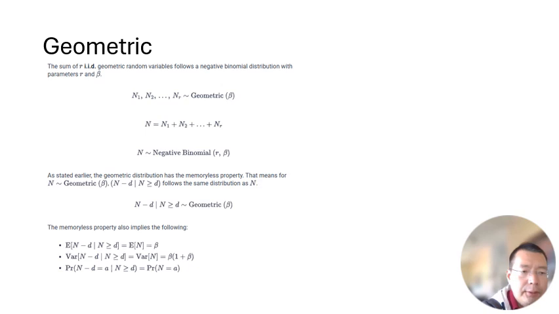The memoryless property also implies the following. The expected value of N minus d, given that N is greater than d, would be the same as the expected value of N, which is β. The variance of N minus d, given that N is greater than d, is the same as the variance of N, which is β times (1 plus β). The probability of N minus d equal to a, given that N is greater than d, would be the same as the probability of N equal to a.